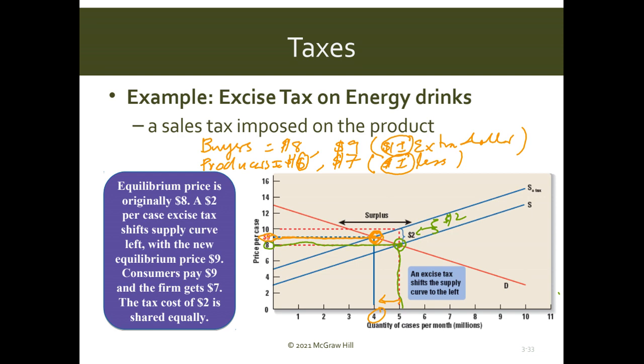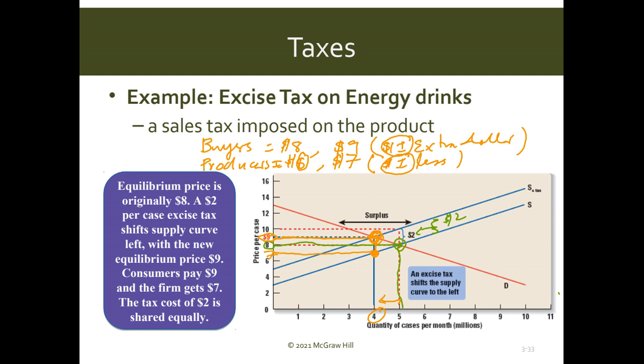Okay. So if you want me to show you where you can see this $7 price: see, this is the equilibrium orange circle. If you go down from this orange circle to the original supply curve, this supply curve gives you the price, and this price must be 7, because I know that the gap between these two supply curves is always $2.